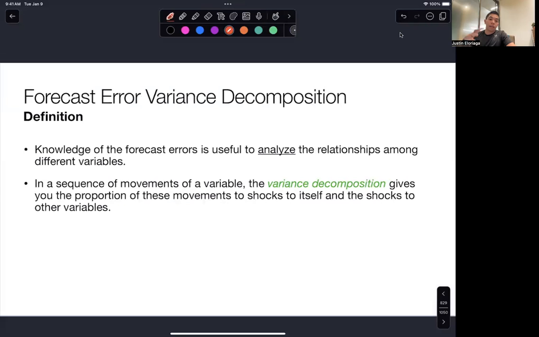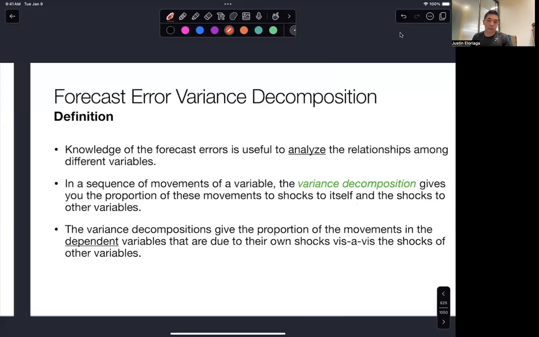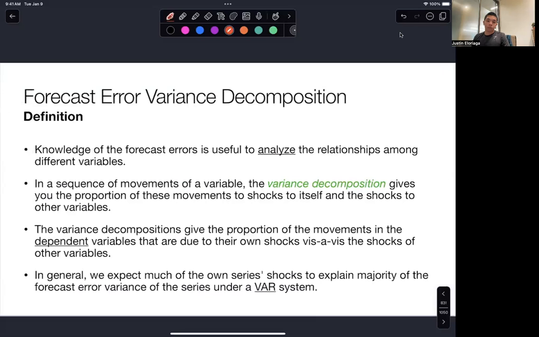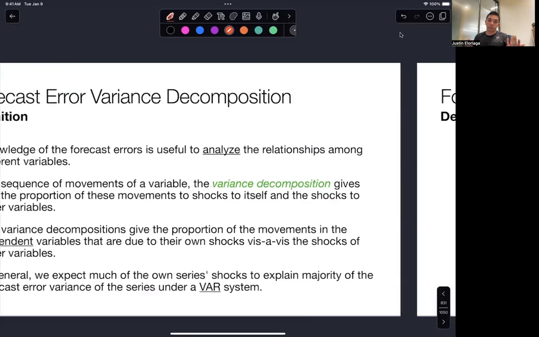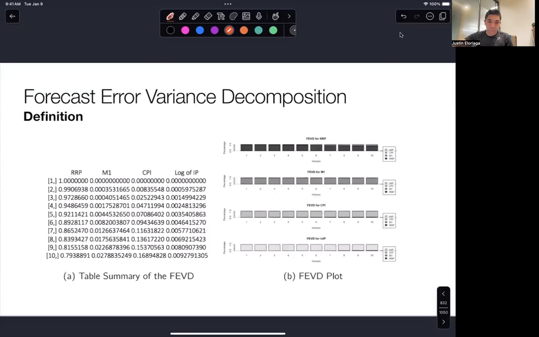In a sequence of movements of the variable, the variance decomposition will give you what proportion of these movements is due to the variable's own shocks and to the shocks of other variables. I think this is easier gotten with an example, right? In general, of course, we expect that a series' own shocks will explain the majority of the forecast error in that variable. So this is an example.